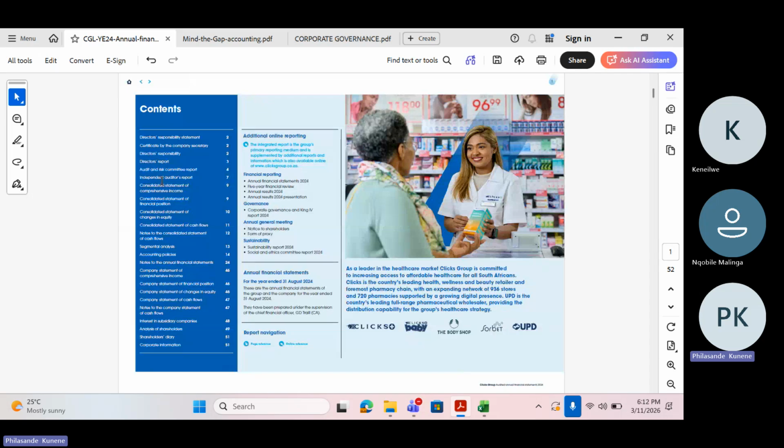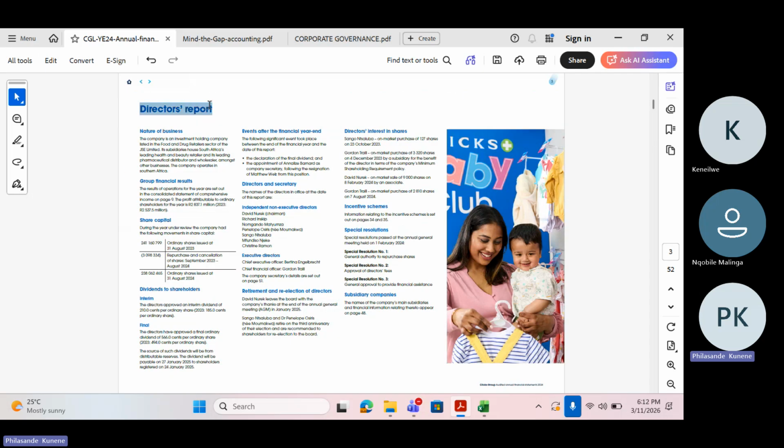And I did say also that there's something called a director's report that we need to talk about. We need these reports in the financial statements. It is a must that these reports have to be there so that we get to understand. The directors have to report to the external stakeholders on the performance of the company and the financial position of the company.